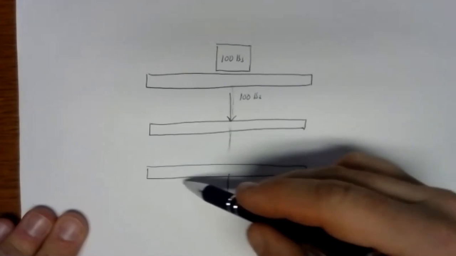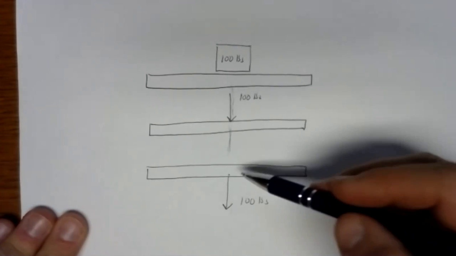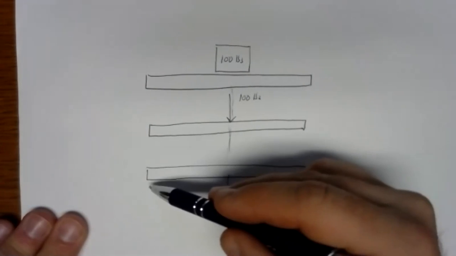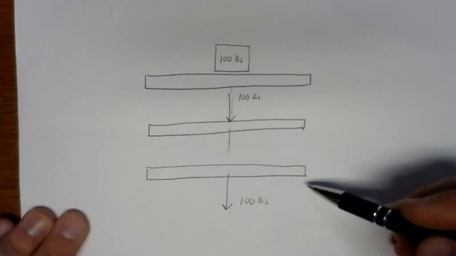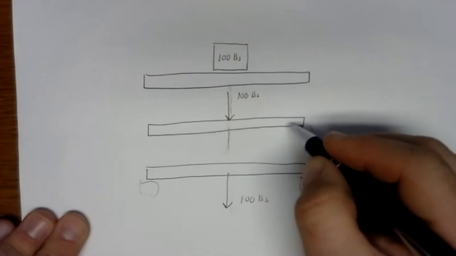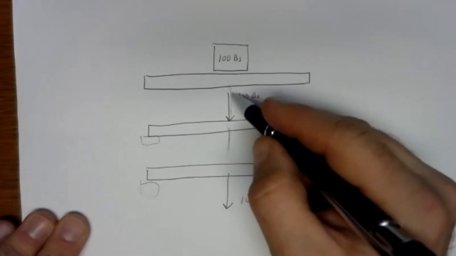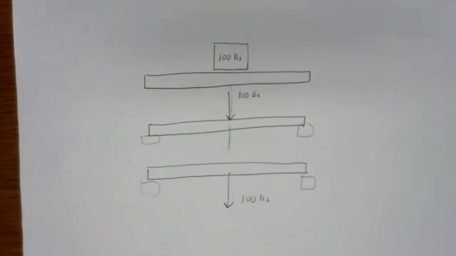So the forces inside that beam that are created as a result would be the same. The way that we support the beam would feel the same forces. The blocks we might have this sitting on down here would feel the same forces, whether there's 100 pounds pushing down on the beam or 100 pounds pulling down on the beam.